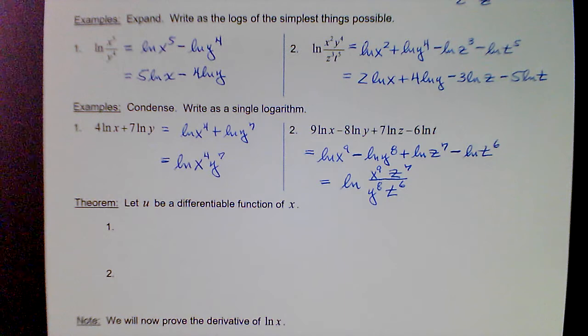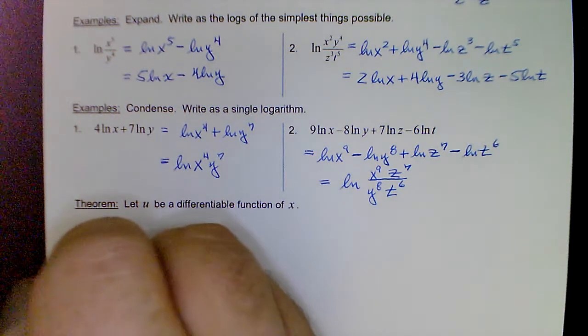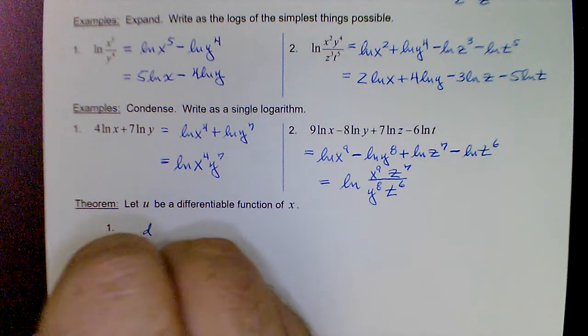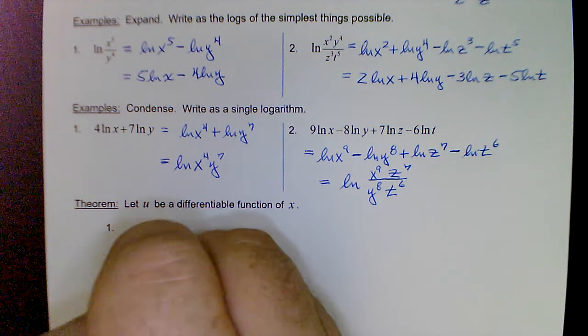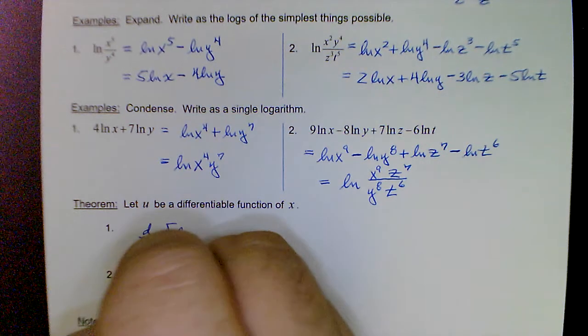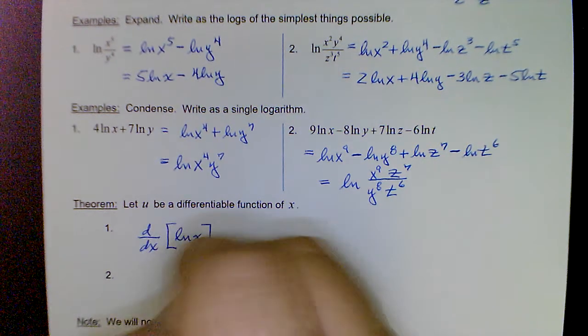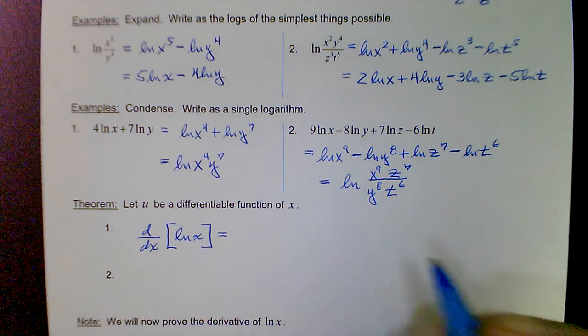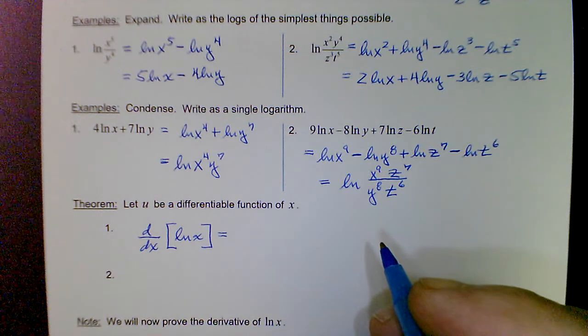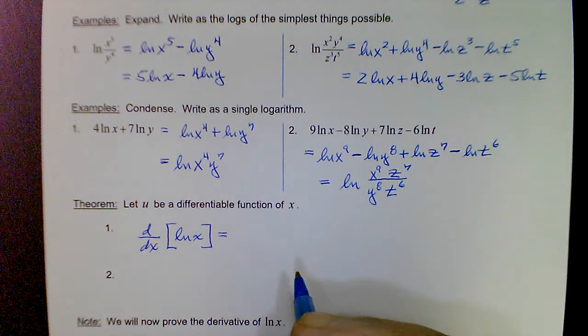And here's our theorem, which involves the derivatives of the natural logs. Now I'm going to use the shorthand notation. We'll say the derivative with respect to x of the natural log of x. Okay, you just have to memorize this formula. Again, it's common knowledge, so you do need to memorize it.